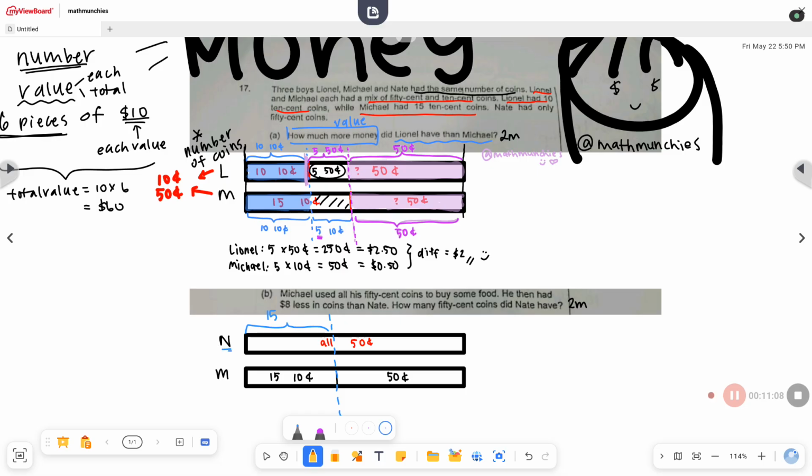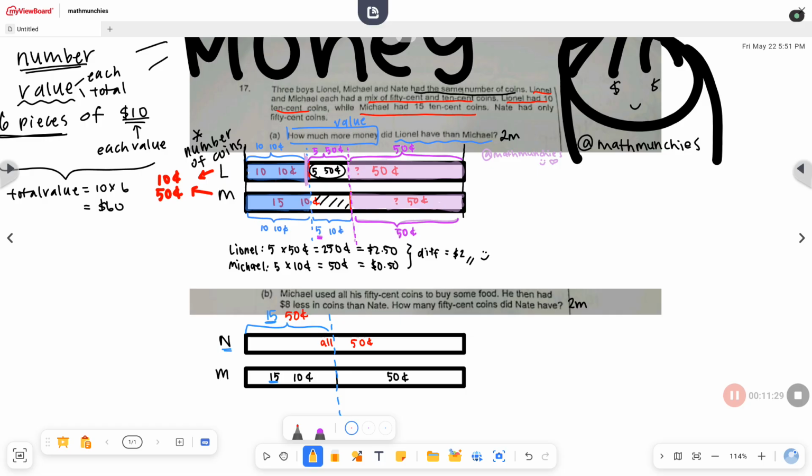Nate. And Nate is all 50-cent coins. So here is 15. That means that here is also 15, right? But this is not 10 cent because Nate is what? 50 cents. So this Nate is 15 50-cent coins. So far, so good. Clear?